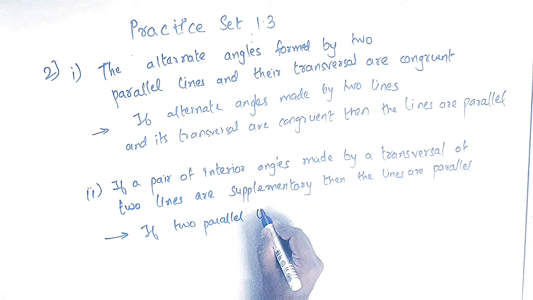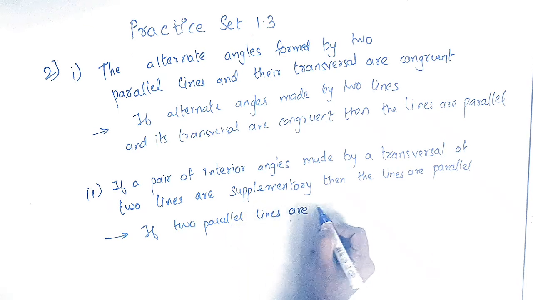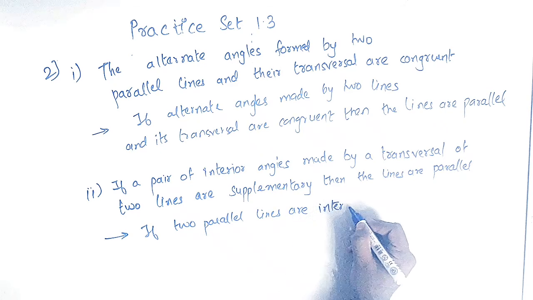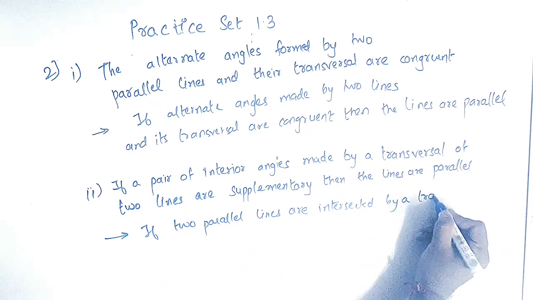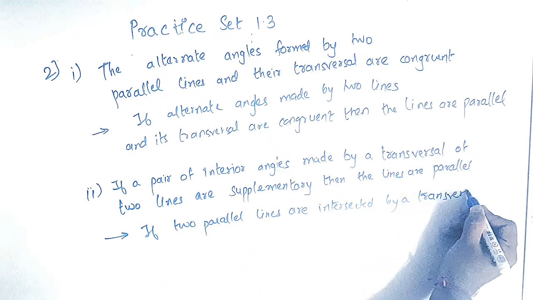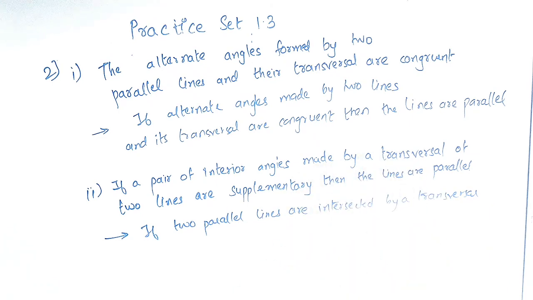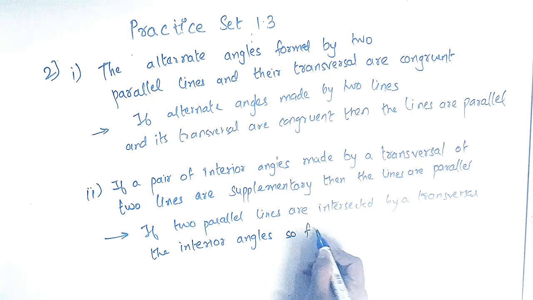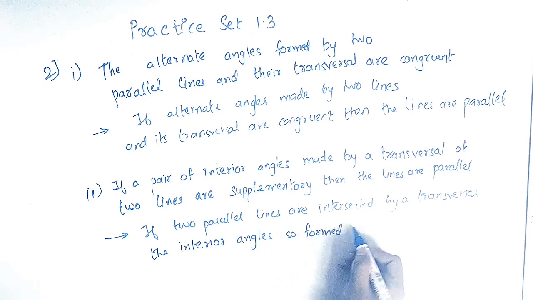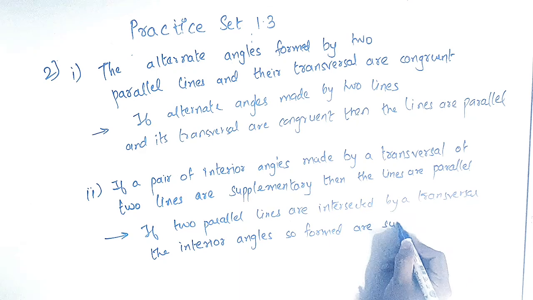If two parallel lines are intersected by a transversal, then the interior angles so formed are supplementary.